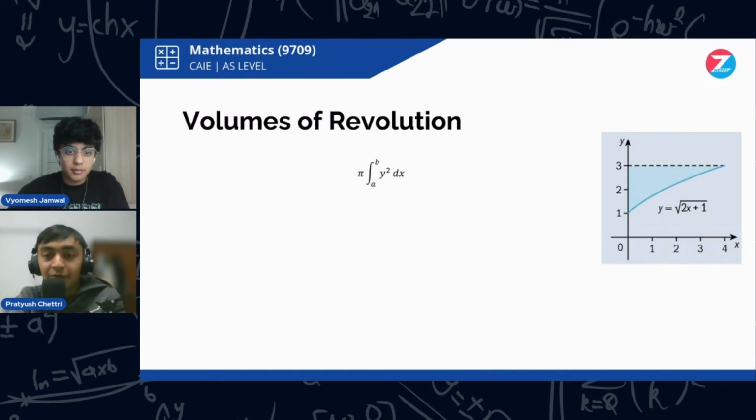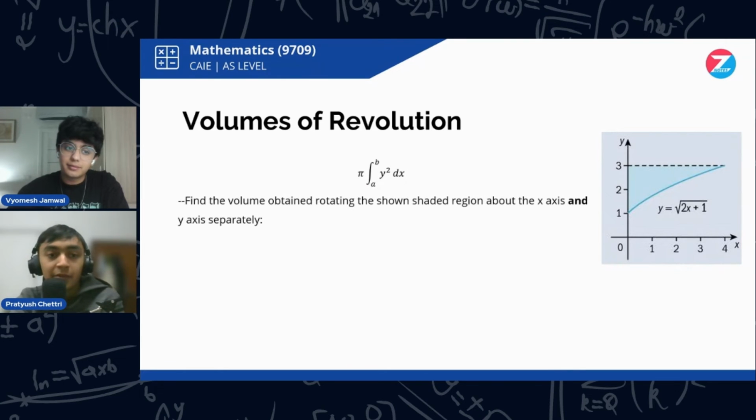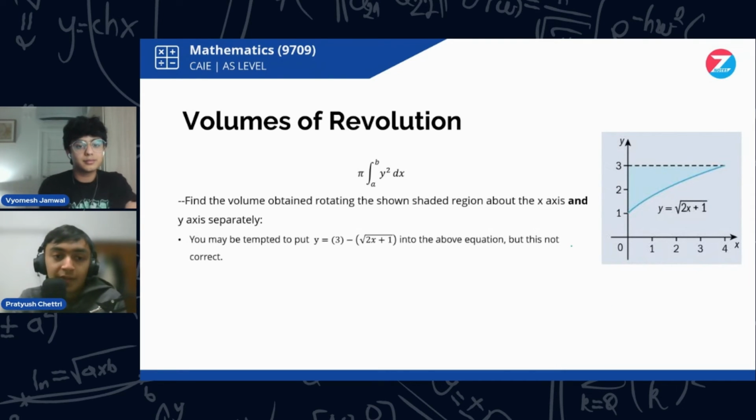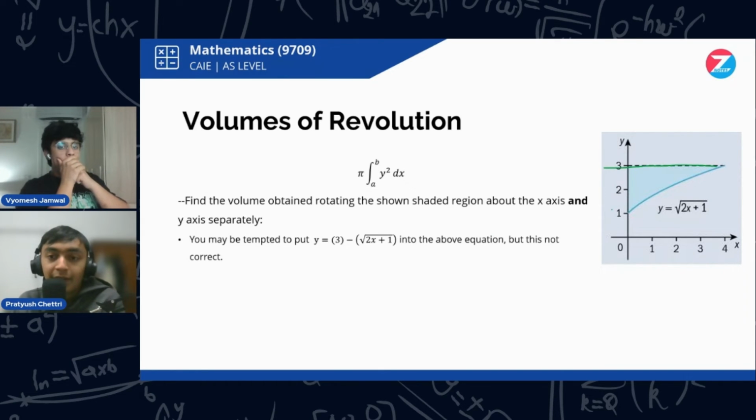Here's a tough question, just because here the temptation is to put this thing, y equals 3 minus the curve, and put them together and then square them.